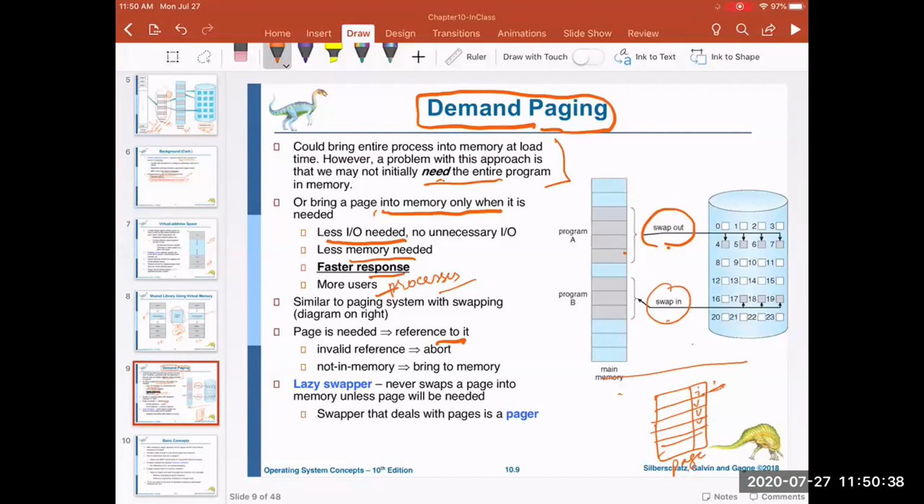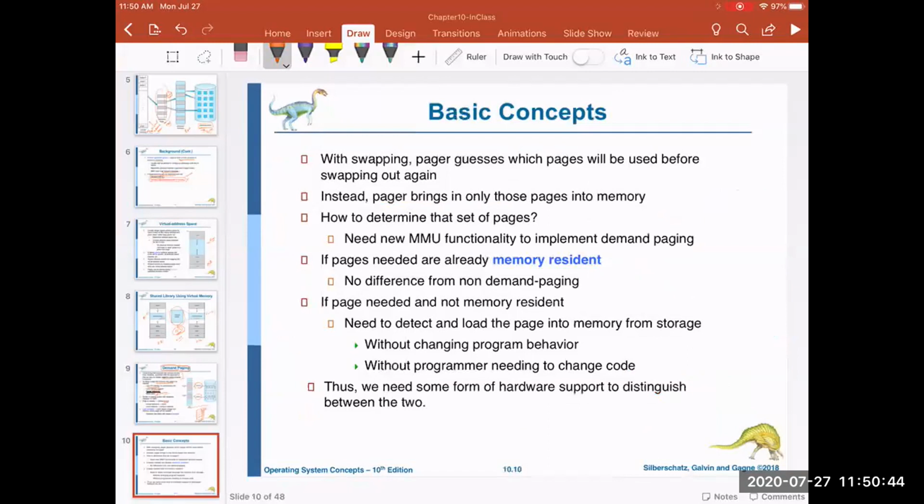Invalid ones we are going to give a new definition. The basic concept here is that, instead of swapping pages and guessing which pages will be used, we bring into the memory only those pages that are needed. Now we have pages called memory residents and those called non-residents.